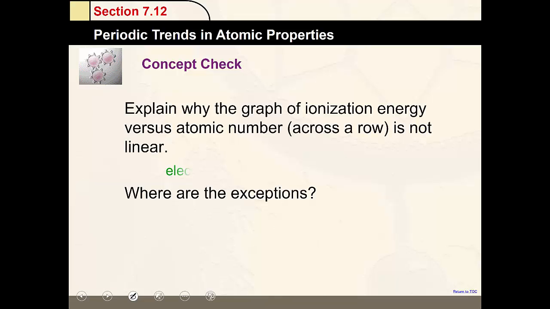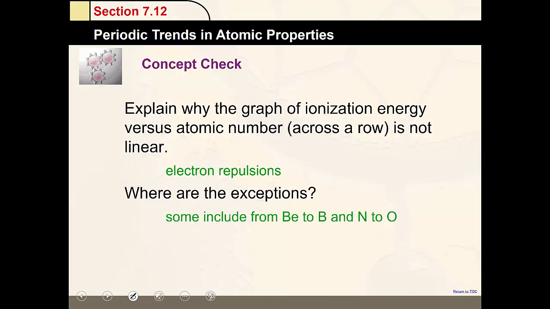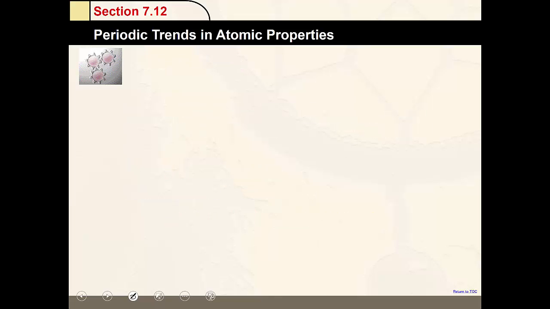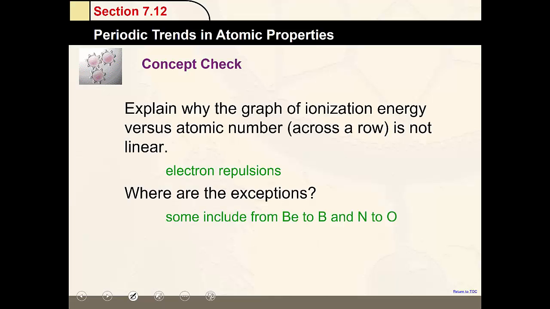Okay, so you should be able to explain, as you go across a period, across a row, those electron repulsions are why there are some of those exceptions from beryllium to boron and nitrogen to oxygen. And it's similar for all the other transitions in the rows below that, so it's not only beryllium to boron, but it's also magnesium to aluminum below that, as well as phosphorus to sulfur below nitrogen and oxygen.